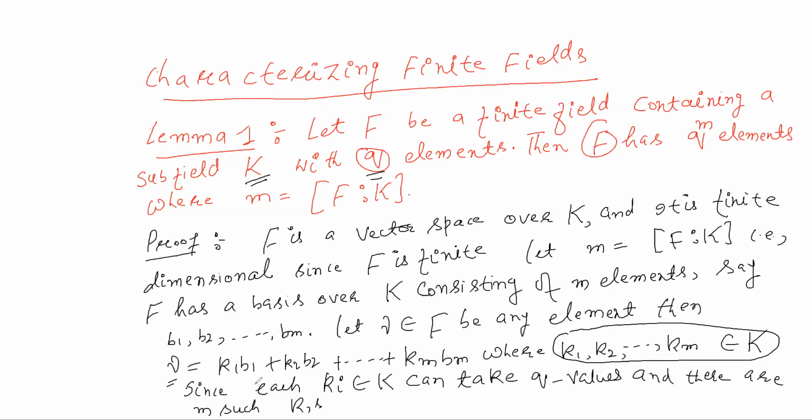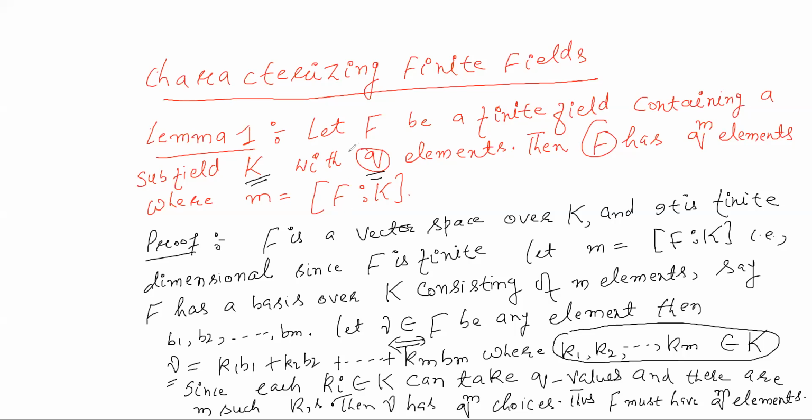So v can be written in q raised to power m ways. So therefore, v is chosen as any arbitrary element of F. So therefore we can say that F must have exactly q raised to power m elements, and we are through.